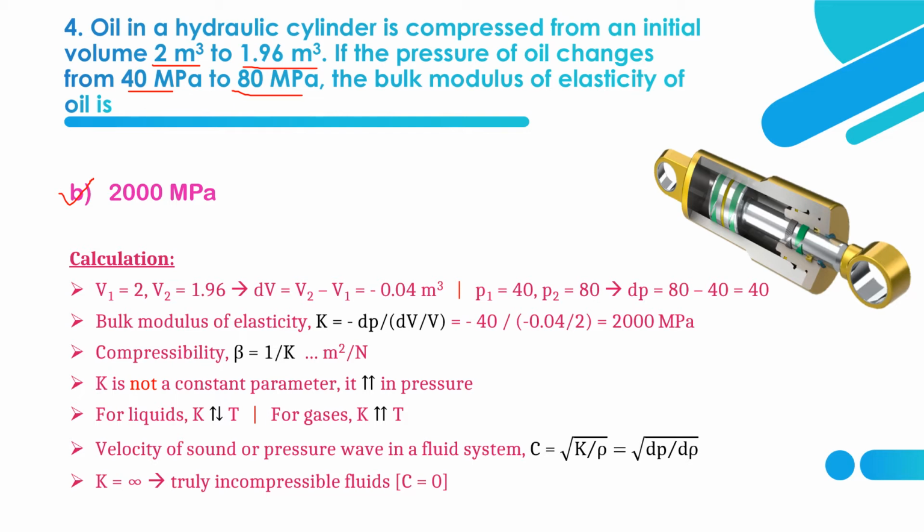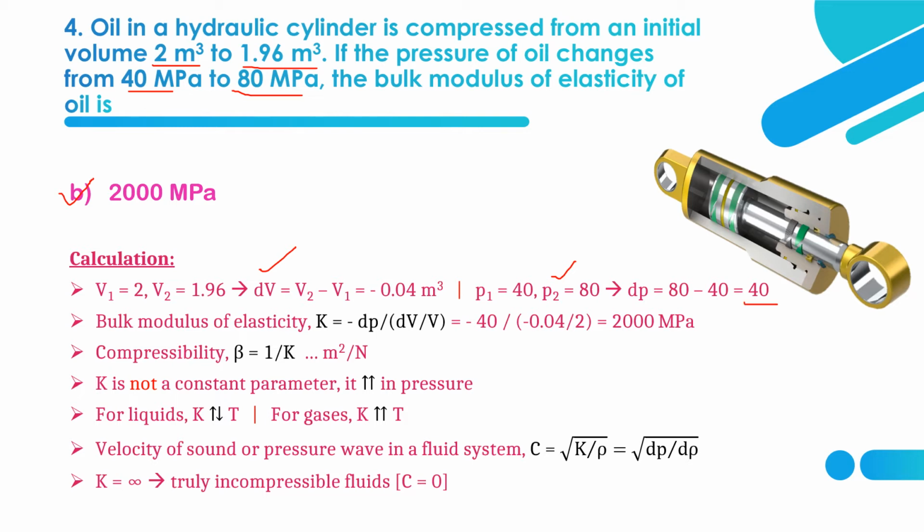Take V1 as the initial volume, 2 meter cube, and V2 as the compressed volume, 1.96. So the difference in volume dV is given by V2 minus V1, so minus 0.04 meter cube. The initial pressure is 40 megapascal, and the final pressure is 80, so the difference in pressure is 40 megapascal.